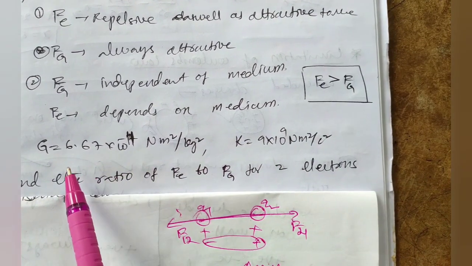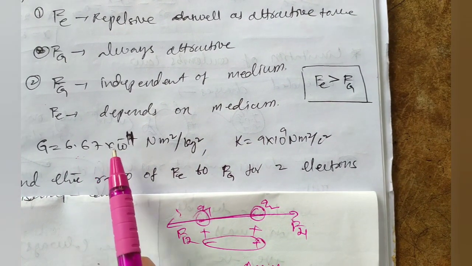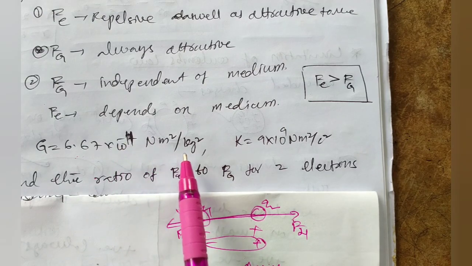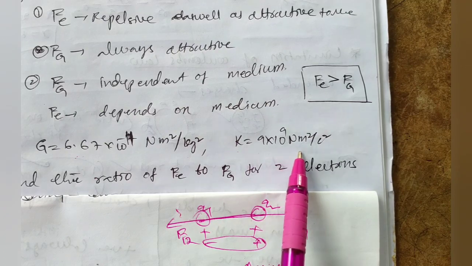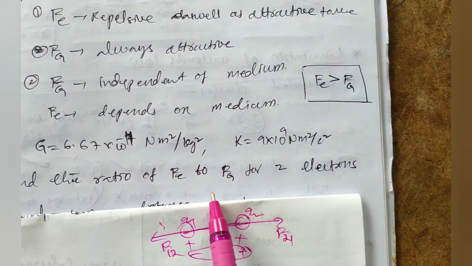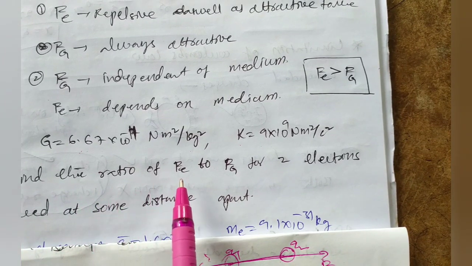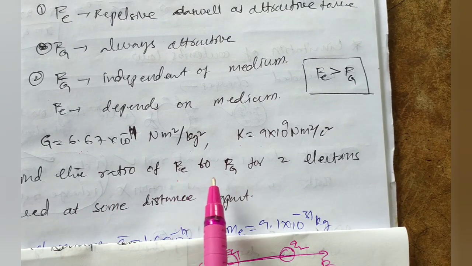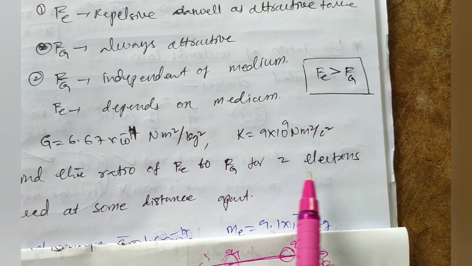You know the gravitational constant G is 6.67 into 10 to the power of minus 11 Newton meter square per kg square. K is equal to 9 into 10 to the power of 9 Newton meter square per coulomb square. Now one problem: find the ratio of the electrostatic force to the gravitational force for two electrons.